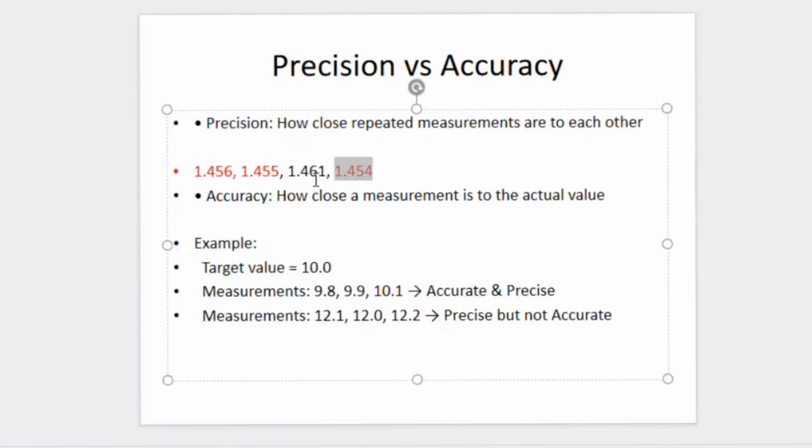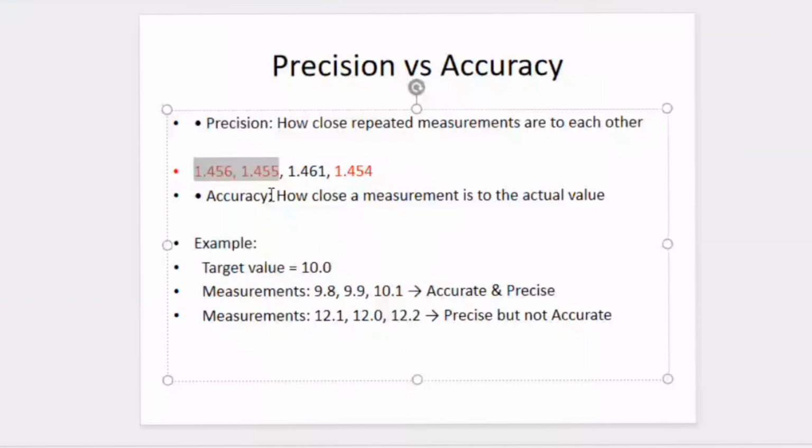Even if the real answer is 1.461, when they ask which ones are precise, you talk about which ones are close to each other. They don't necessarily need to be correct. They just need to be close to themselves. So these are the numbers that give a high level of precision.